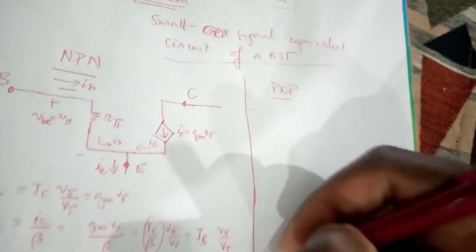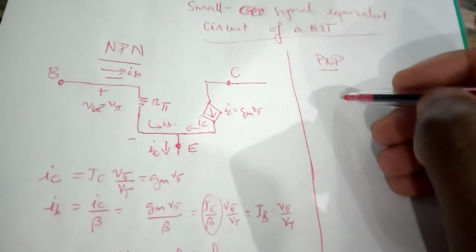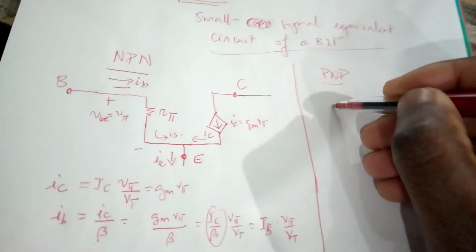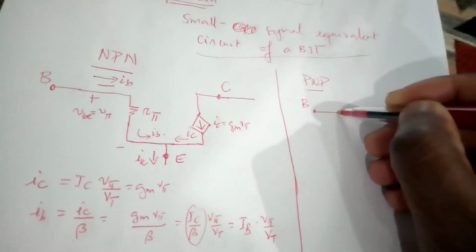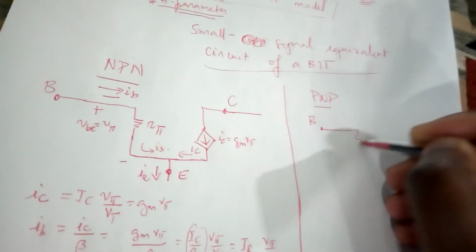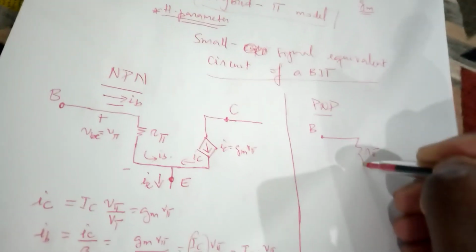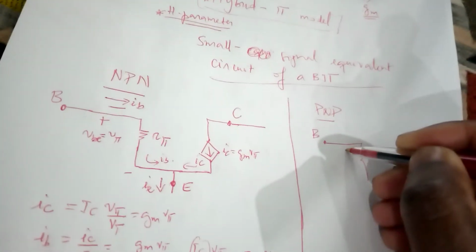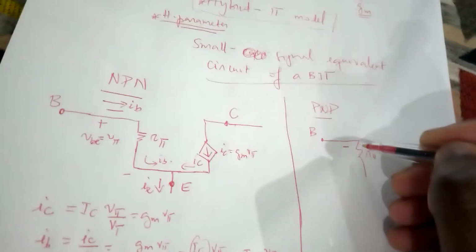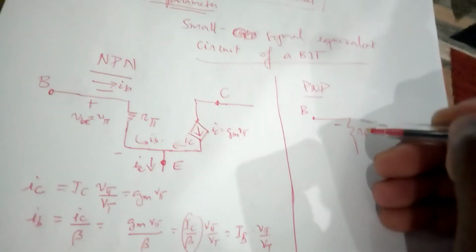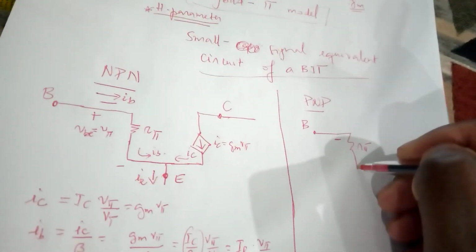In a PNP case scenario, the small signal equivalent circuit will be, if you start with the base, of course, it's fine. You still have a resistance R pi, but that resistance R pi is caused by the voltage V pi or VBE being applied between the emitter and the base.